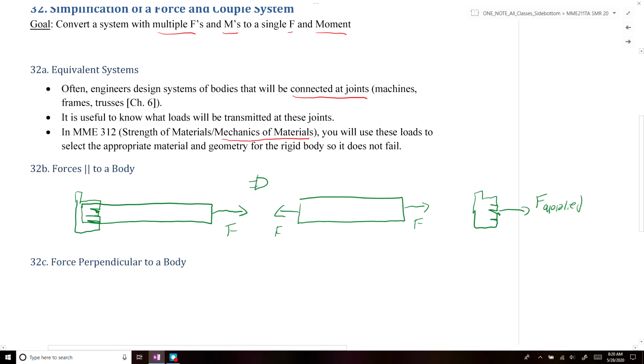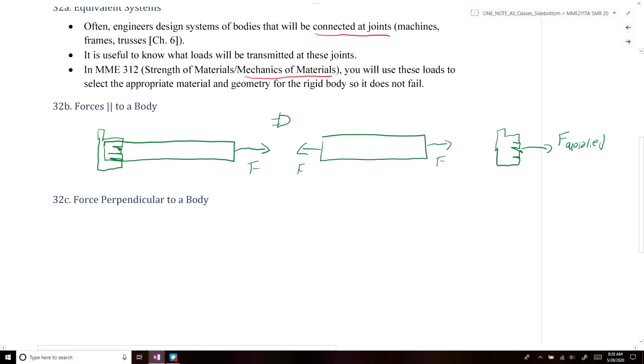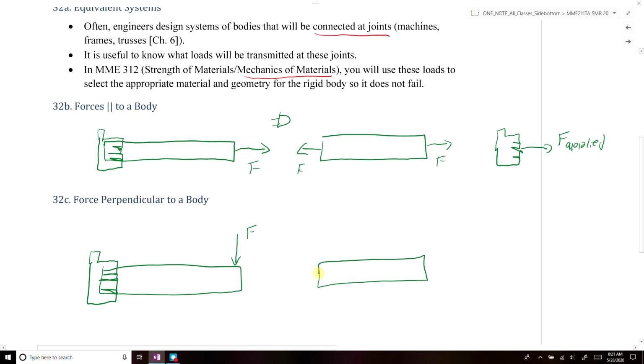In a similar fashion, if you had a yardstick, but instead of applying that force parallel with the body, you applied a force perpendicular to it, and you tried to hold that stick with your hand, in order to keep this stick in equilibrium you'd have to apply a force going in the opposite direction.